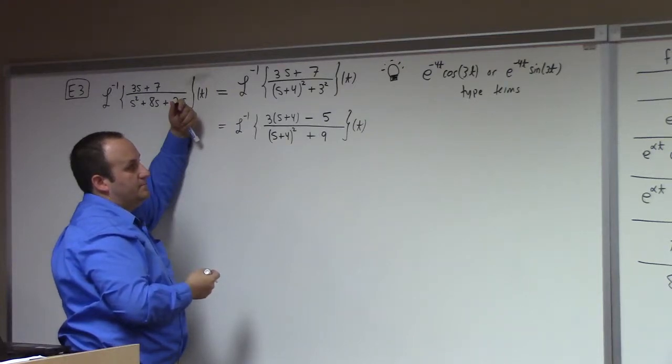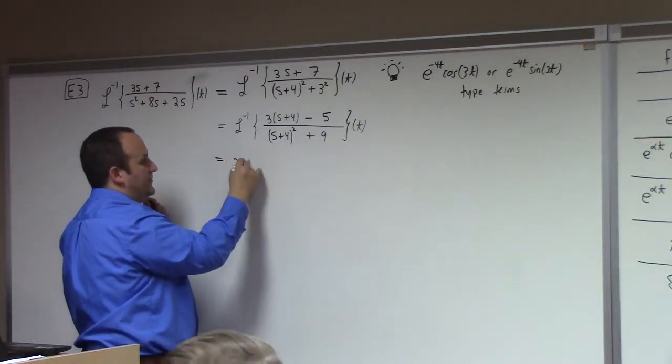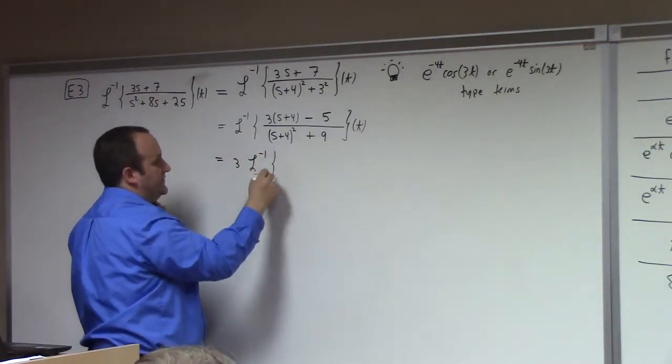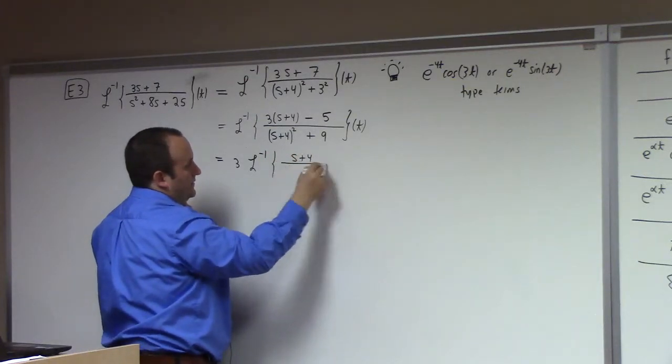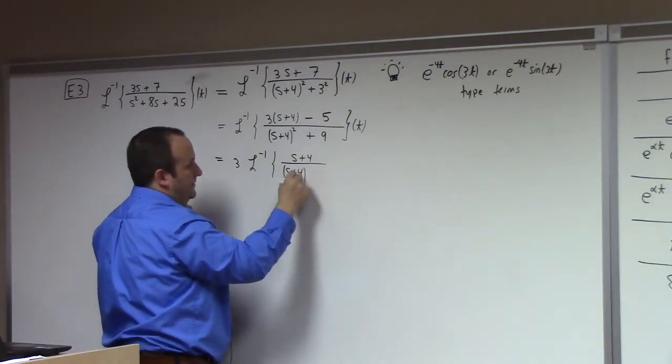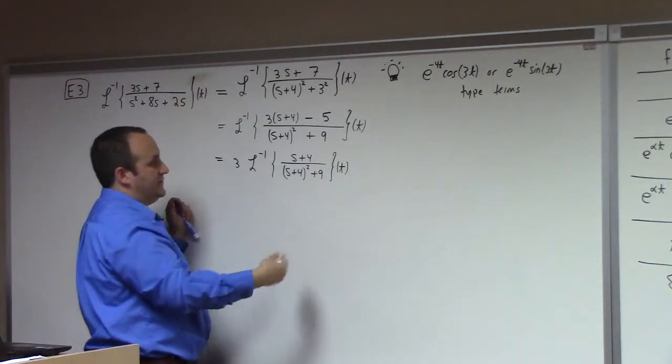So almost done, right? I don't always put down this step, but I will at this point because we're starting. So this is the inverse Laplace transform of s plus 4 over s plus 4 squared plus 9. I'm using linearity of the inverse transform now.